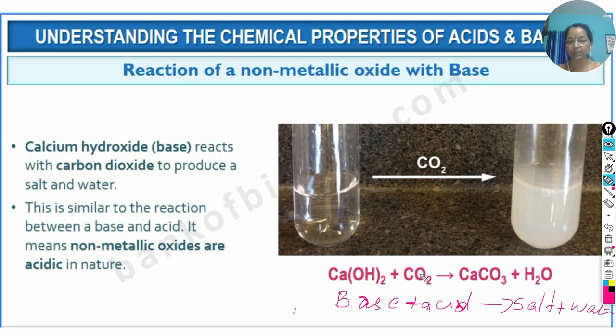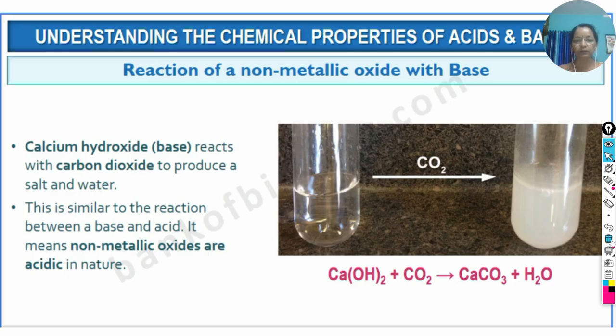So a non-metallic oxide is very much like an acid. So non-metallic oxides are called acidic oxides because they react with base producing salt and water, very much like an acid. Okay, so I hope it is clear why metallic oxides are called basic oxides, whereas non-metallic oxides are called acidic oxides.